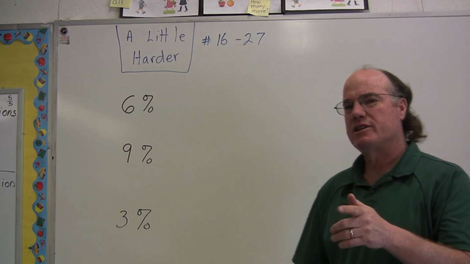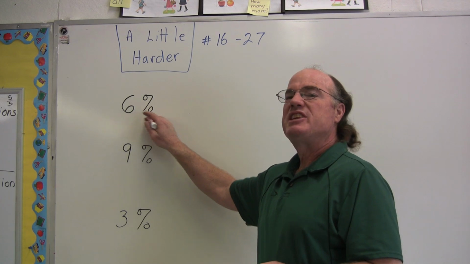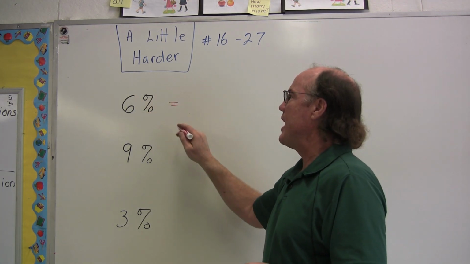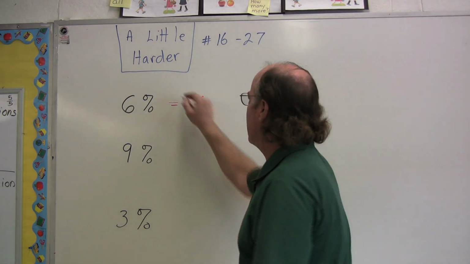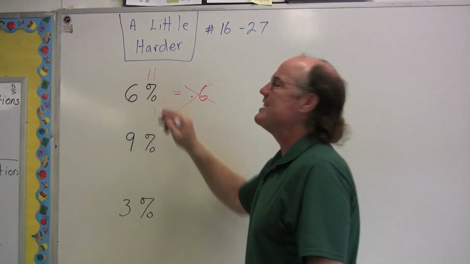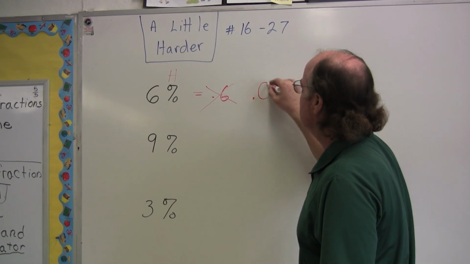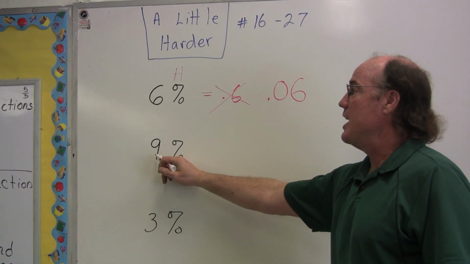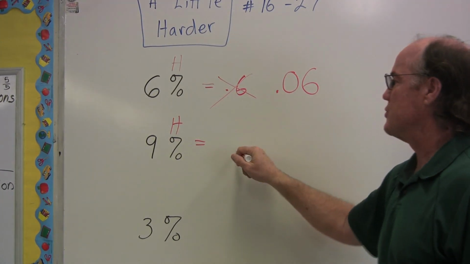Problems that have traditionally stumped 6th graders is when we have 6% and we have to convert it into a decimal, and kids without thinking just go 0.6. No, don't do it. Wrong. Nope. 6% is 6 hundredths. So it's 0.06, not 0.6. 9% is 9 hundredths.